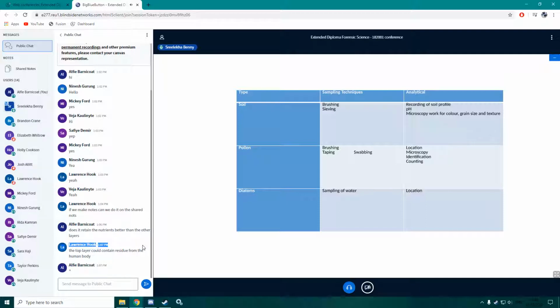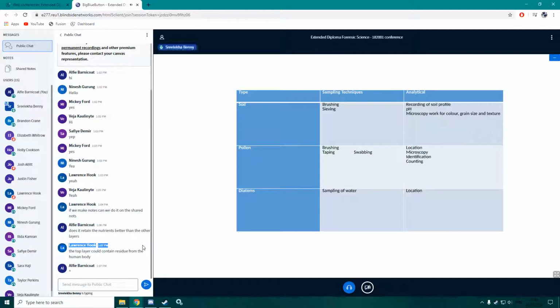So carbon-13 and nitrogen-15 are used in isotopic analysis. That is one of the analytical techniques for soil.